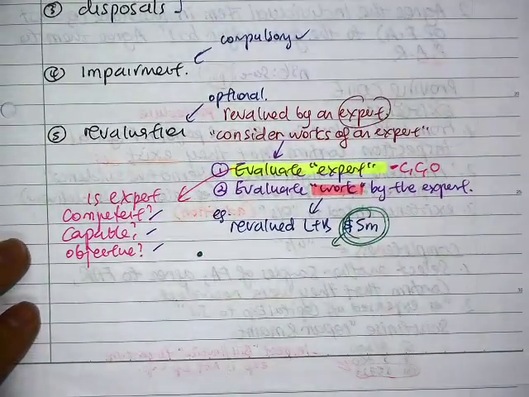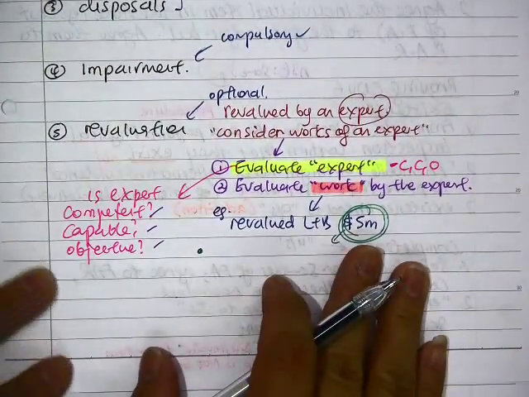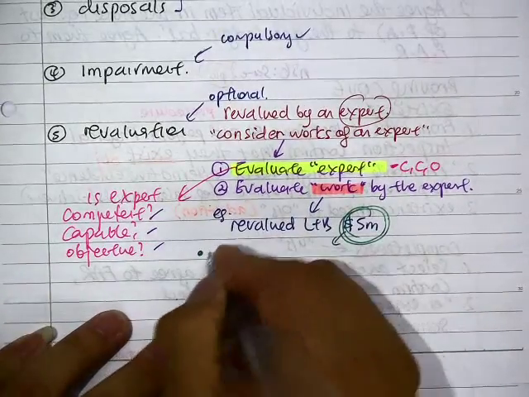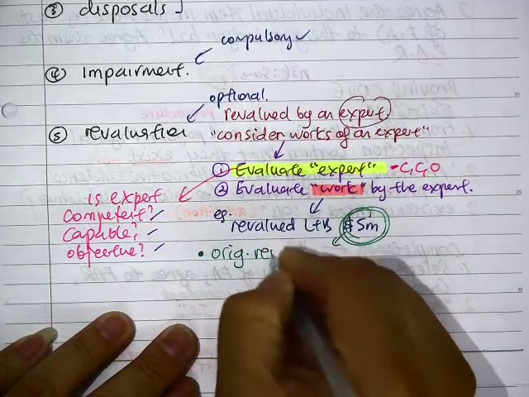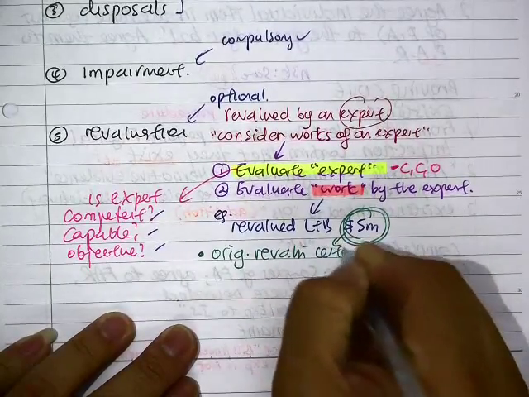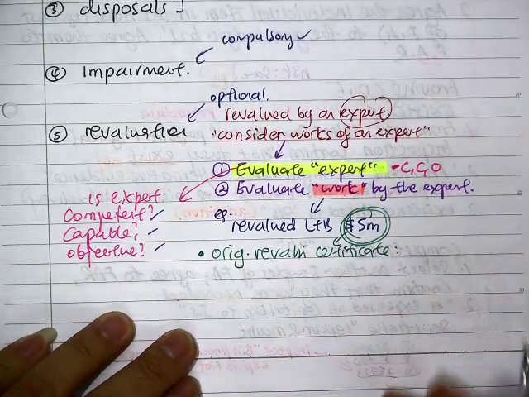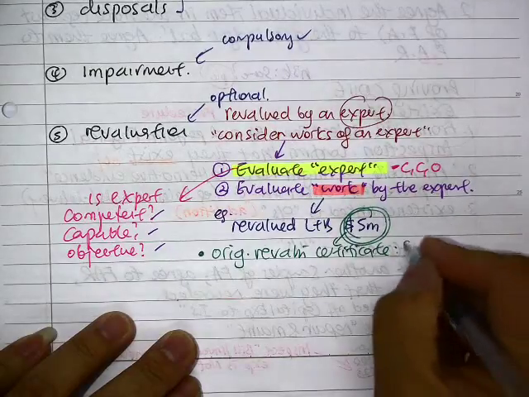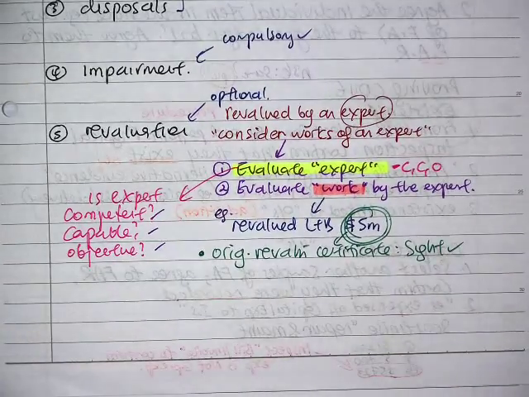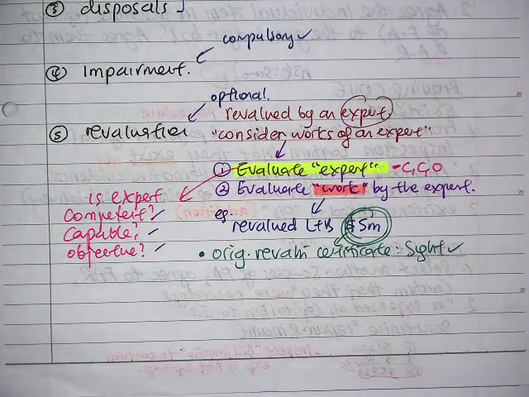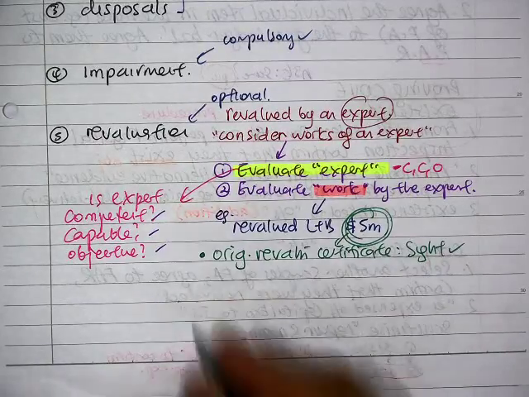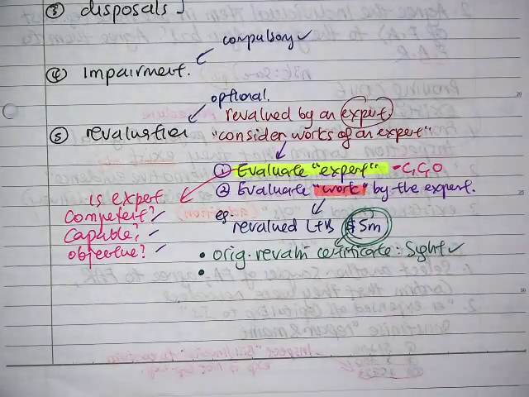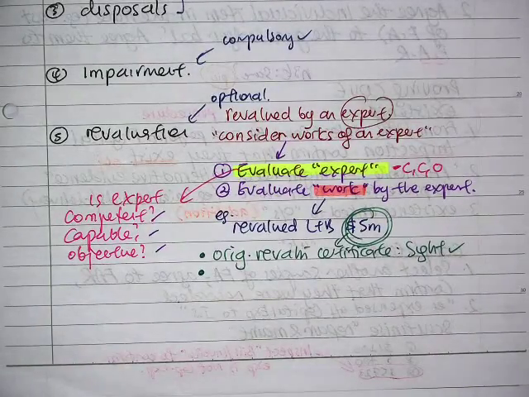We should, for example, take the original revaluation certificate and take a look at it, to confirm the amount is indeed 5 million. So how do you derive 5 million? You must have a basis, right? You cannot just pluck a figure from the air.